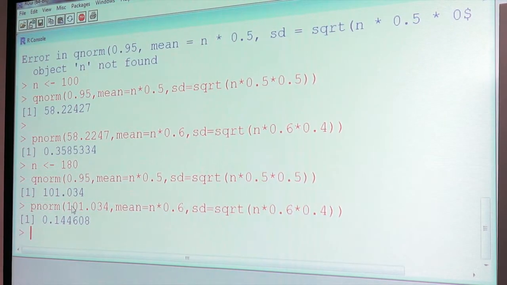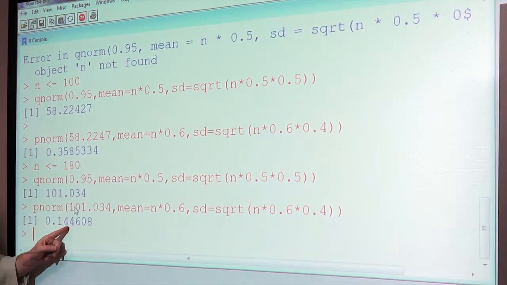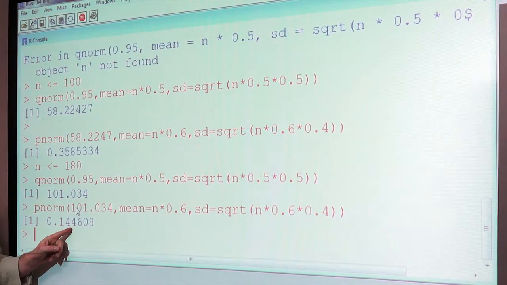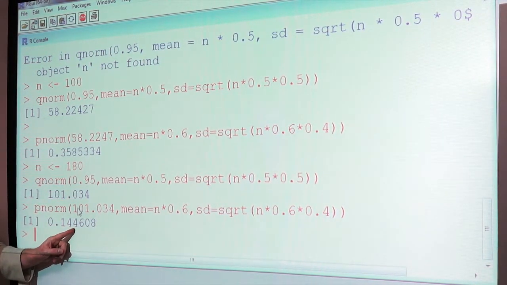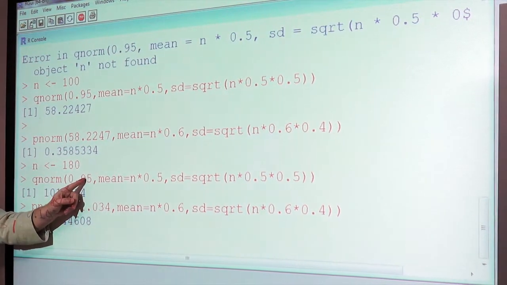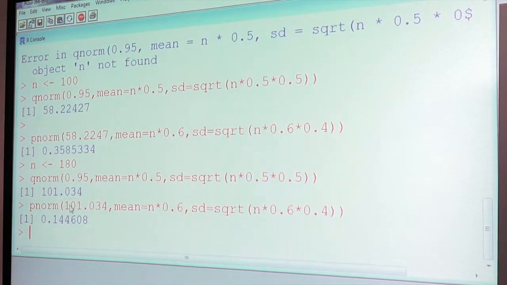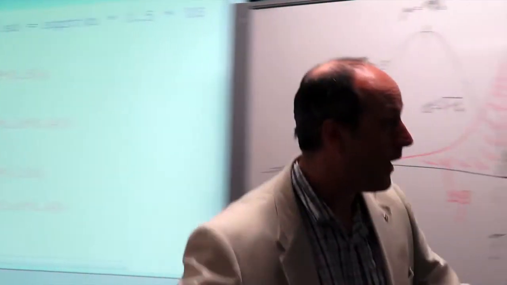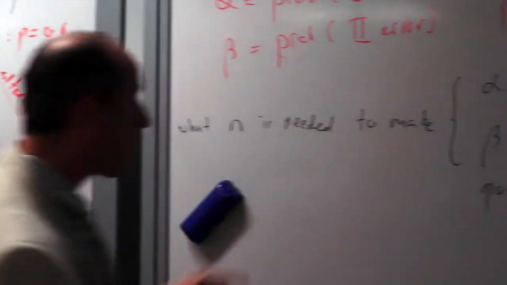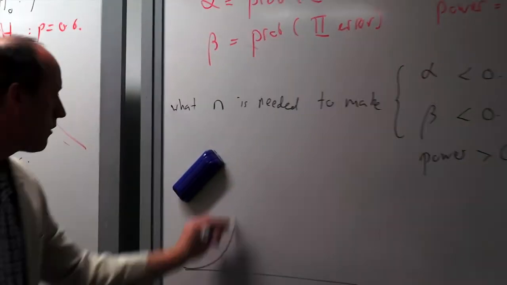Is that good enough? It is, because the probability of a screw-up is now only 14%. So we've got enough data to satisfy our requirements here. Alpha's still 0.05. So it's satisfying both the 0.05 for alpha and less than 20% for beta. Exactly, because now it looks like this.